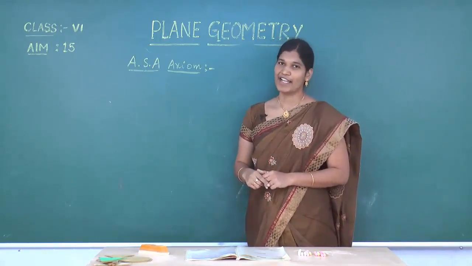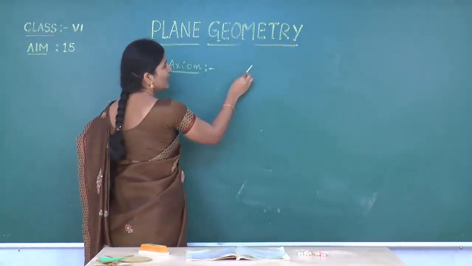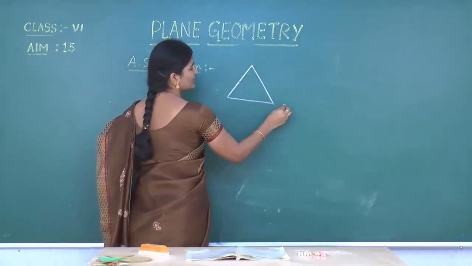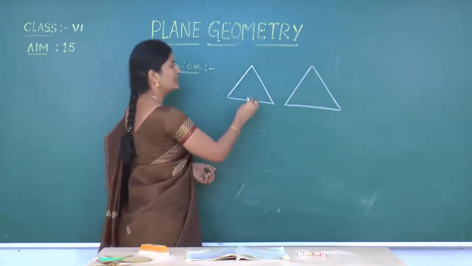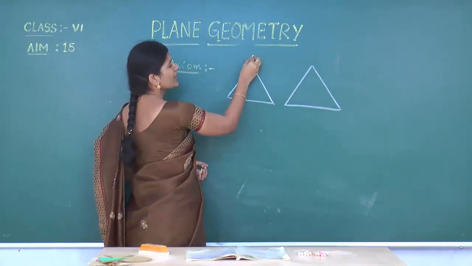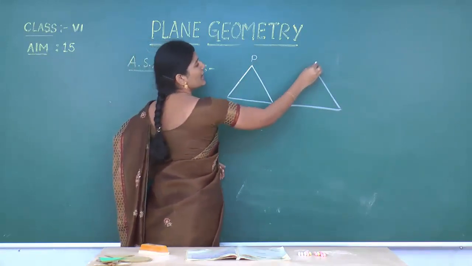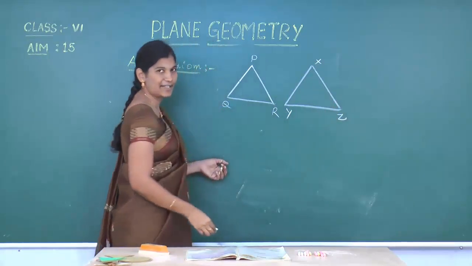Let me show you diagrammatically now. Here I am going to take two triangles. First of all I am going to take PQR, and the second triangle I am naming XYZ.